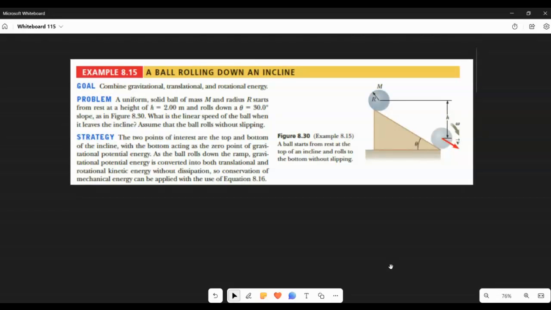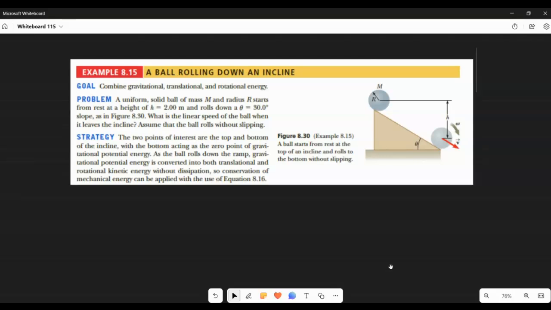They're asking what is the linear speed of the ball. Assume the ball doesn't slip. That is very important.